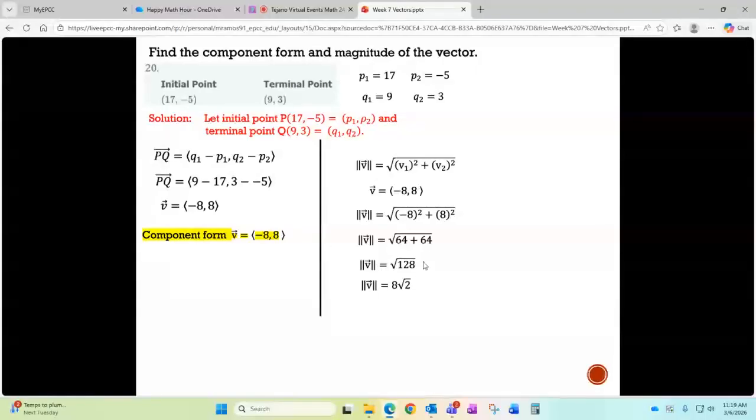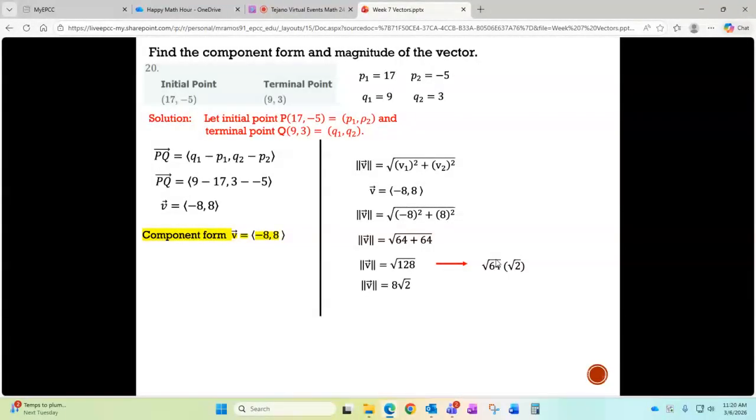So just to briefly go over this, how did I simplify this? In the previous example, it was a perfect square, so we got a whole number. This one, when you want to try to simplify a root, you're looking at factors of this number that are perfect squares. 64 is a factor of 128, and that's important because I know 64 is a perfect square. So I'm going to rewrite 128 as 64 times 2, and it's all under the square root.